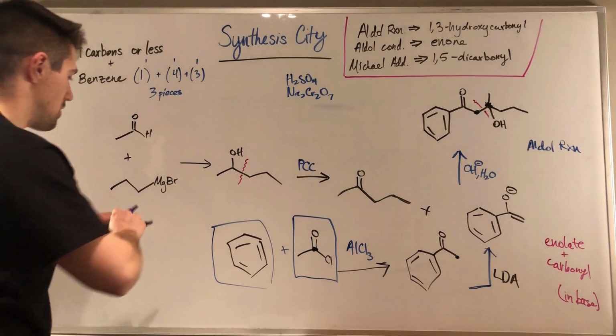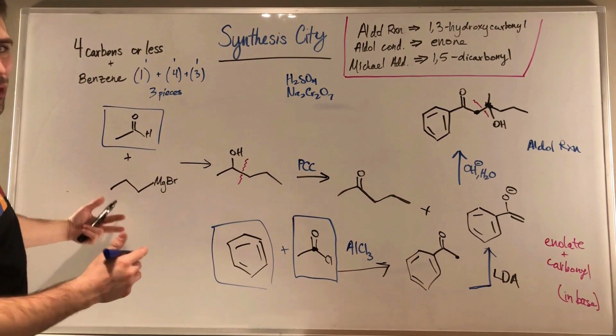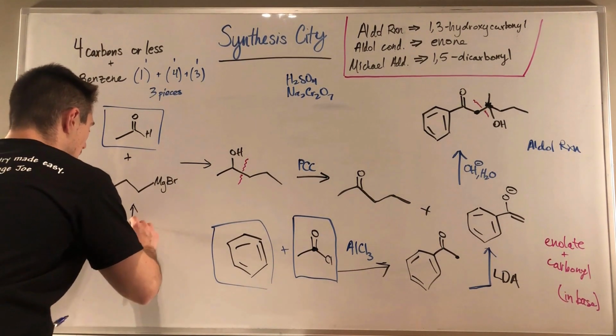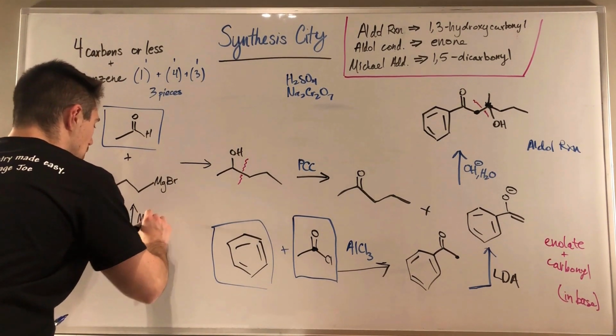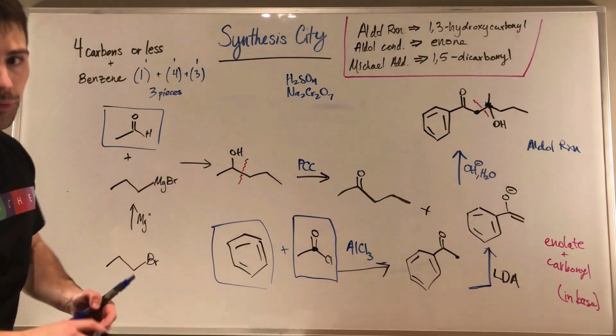Okay, so this is done. It's less than 4 carbons. It technically is done, but we're gonna be good senior citizens and we'll just step it back once further. We'll throw in some elemental magnesium and we got this from propyl bromide.